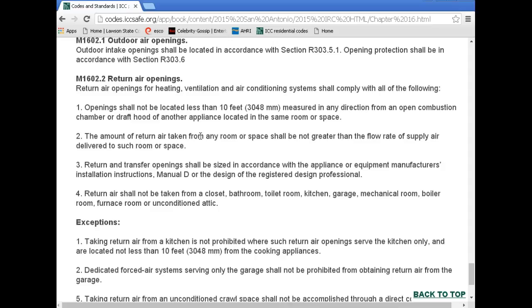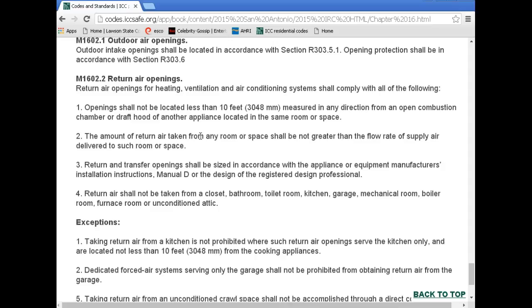Okay, let's highlight 4. From a closet, a bathroom, a toilet room. So we're assuming here that a bathroom would be like a sink where you put on your makeup and wash and brush your teeth, not the toilet room. Kitchen, garage, mechanical room.